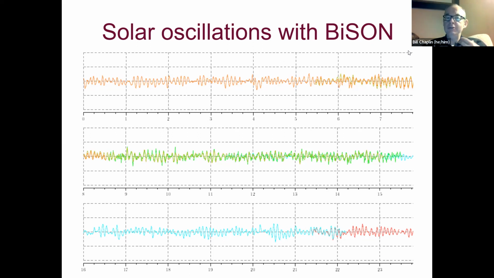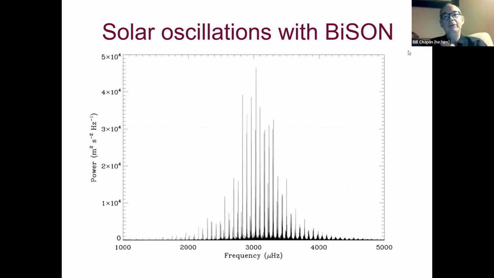What we tend to do, in terms of the meat and drink of the analysis, is to construct a long time series from these data, from all the sites, compute the frequency spectrum, and you end up with something that looks like this. This is a classic example of the 5-minute oscillation spectrum of the sun. Notice the frequency along the bottom axis. The peak power there is at a frequency of around 3000 microhertz. That's roughly a period of 5 minutes.